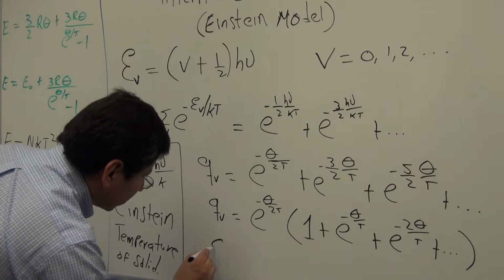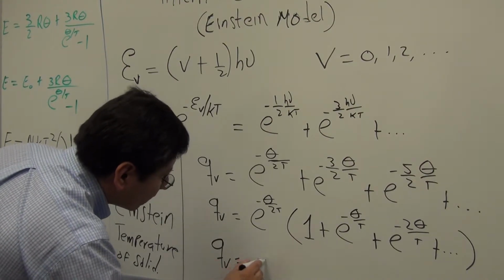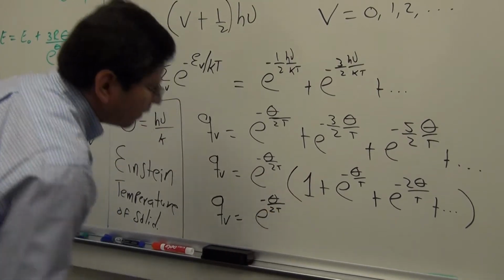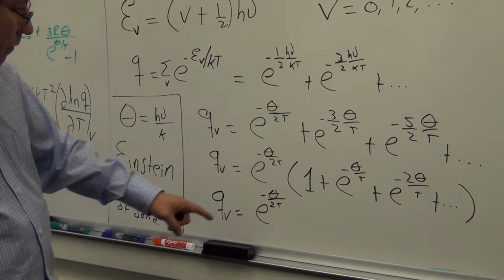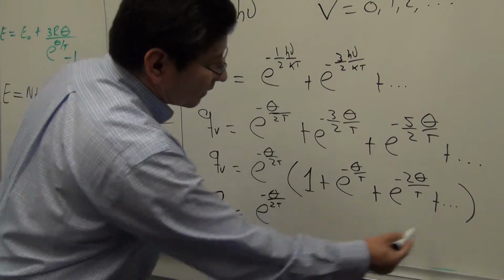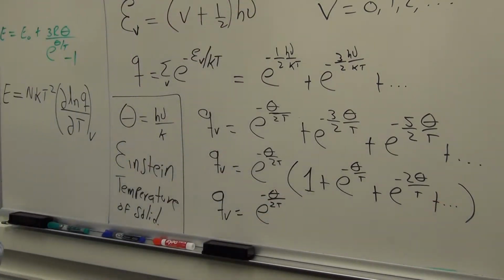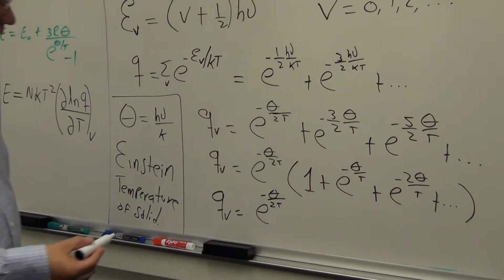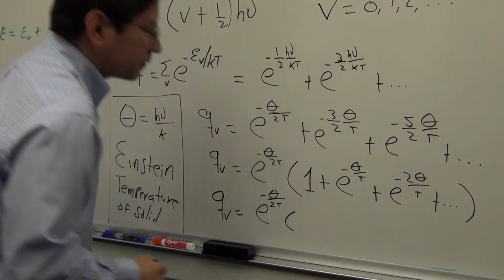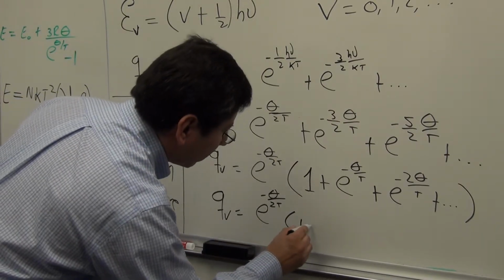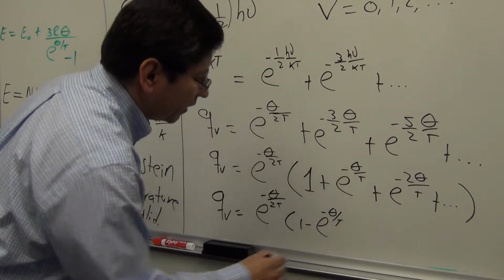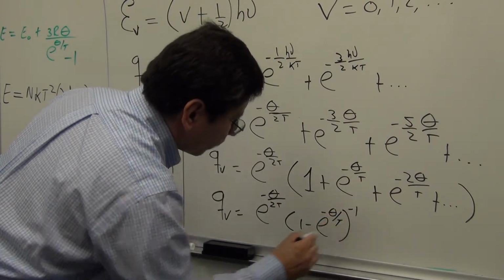Well, it turns out that this part, the parenthesis, is a series that has an exact value, and the formula for it is 1 minus e to the minus theta over T, to the minus 1.